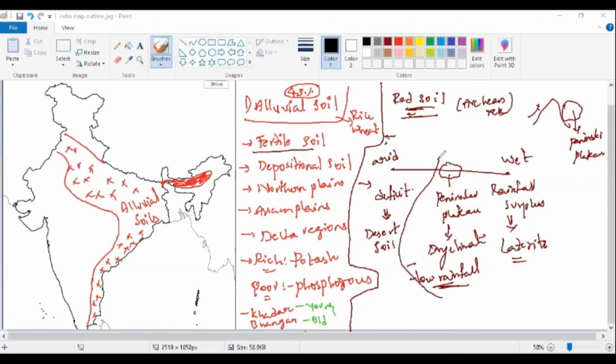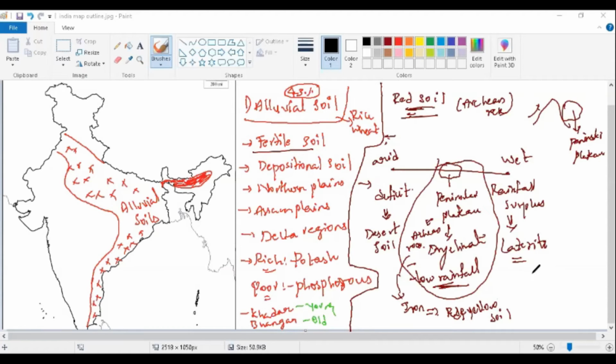Now we are discussing this. As the peninsular plateau is of Archean rock, among which a few rocks have a high content of iron. And continuous fragmentation of that leads to the formation of soil, which is red or yellow soil.